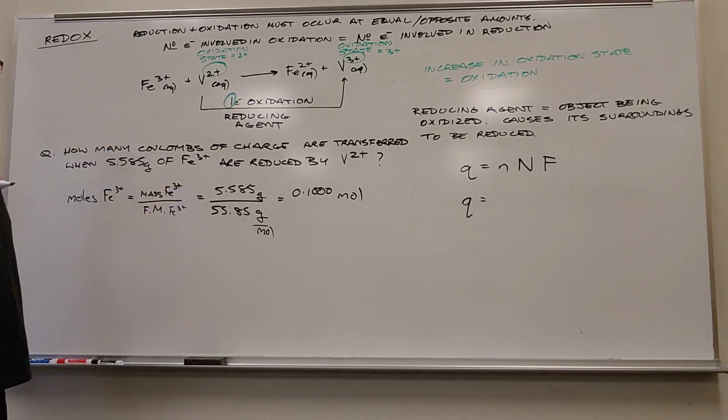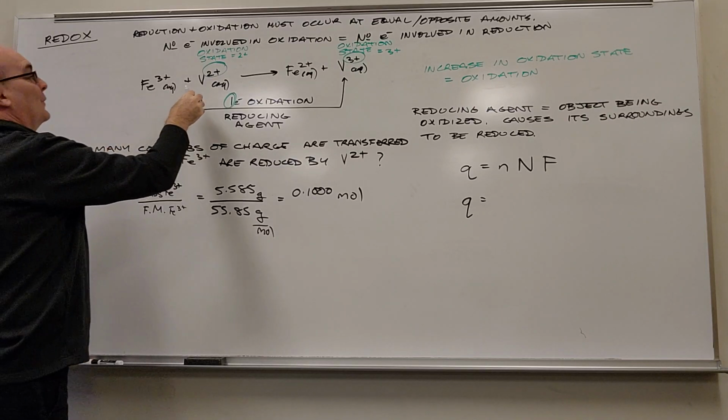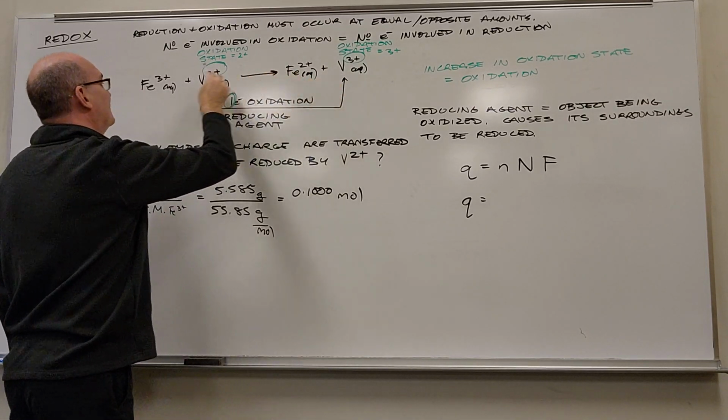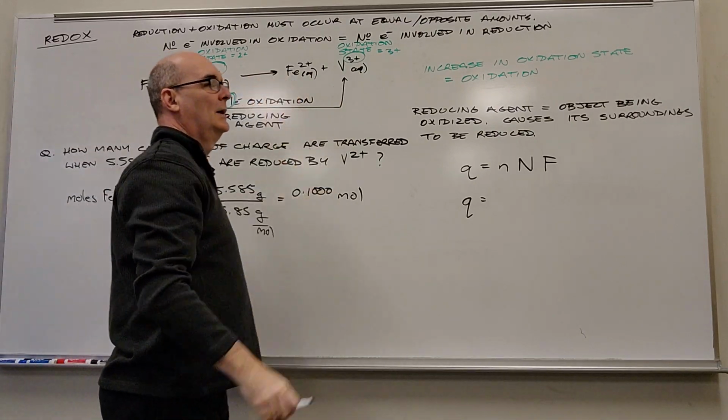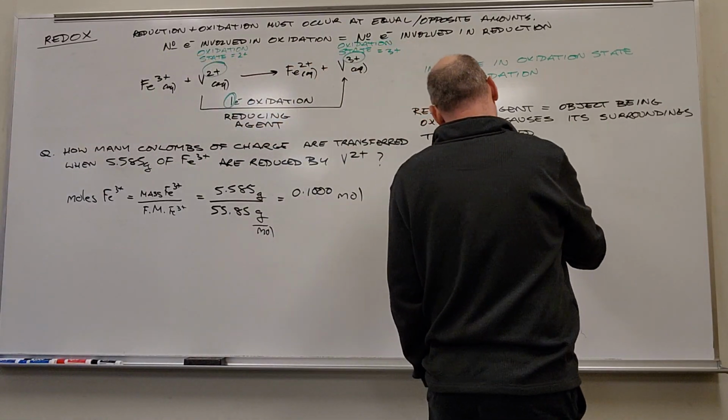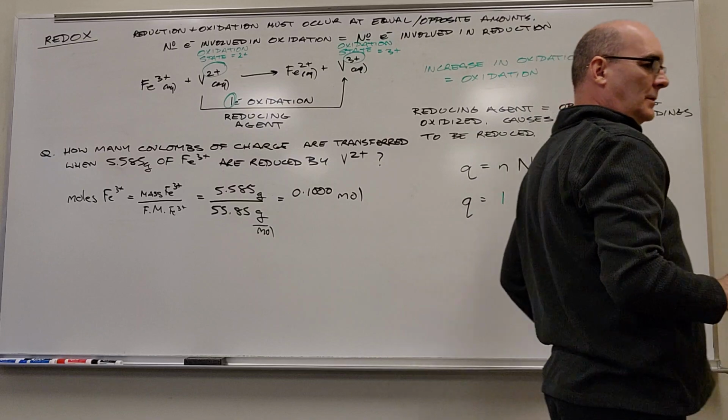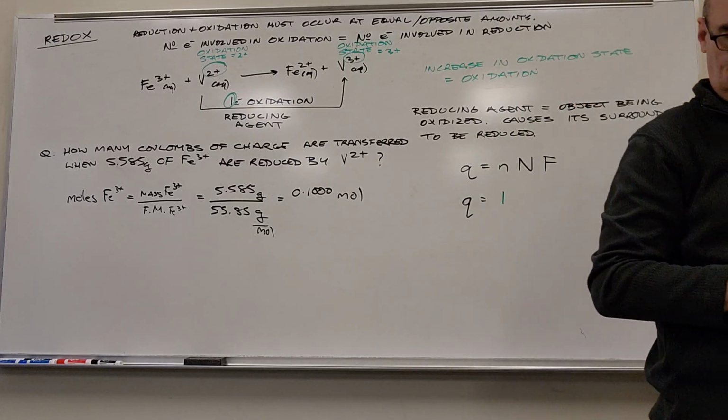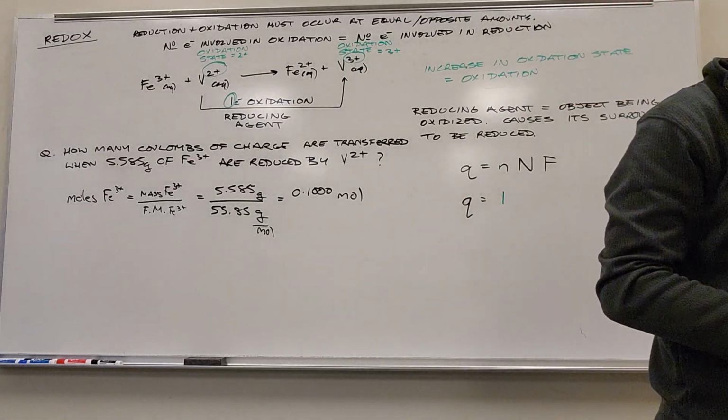I think you can do it in isolation and use just the charge on the ion. But when there's a process, that is the number of electrons that are exchanging hands. And we go from 2 plus to 3 plus, 3 plus to 2 plus. That is a 1 electron change of hands.